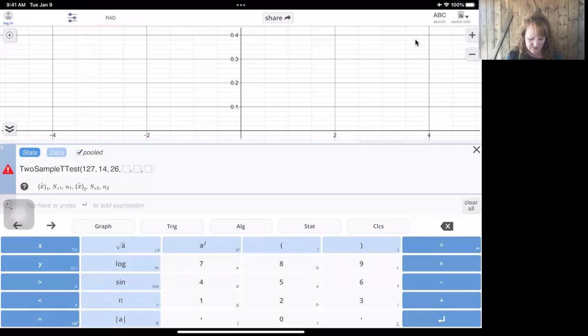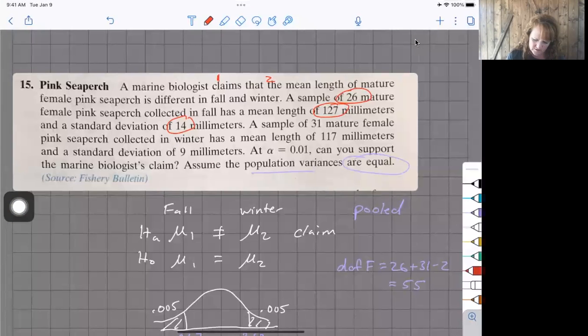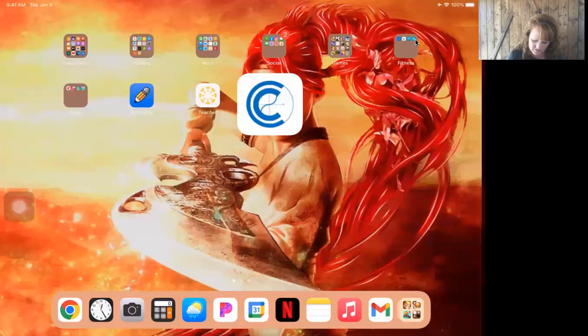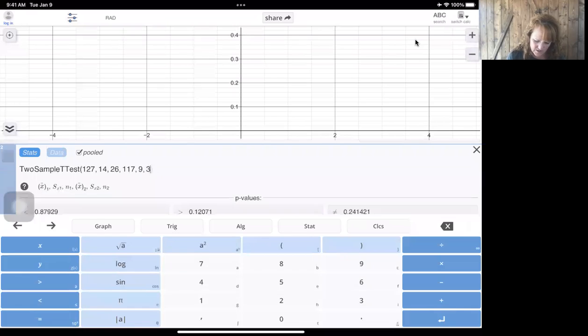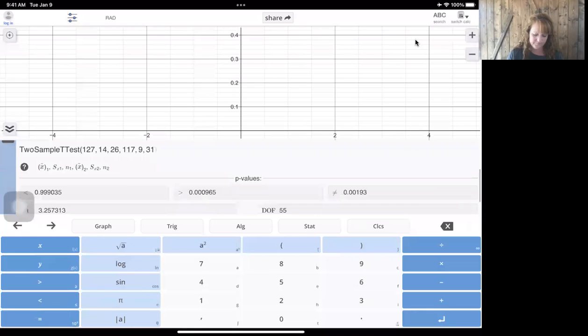Okay, and now I'm going to do my second sample: mean, standard deviation, sample size. So 117, 9, 31. All right.